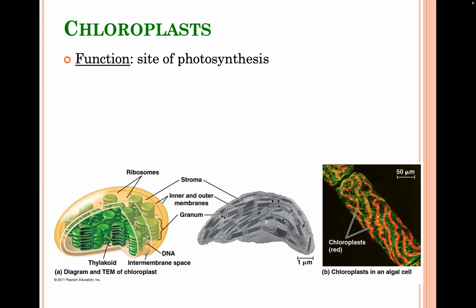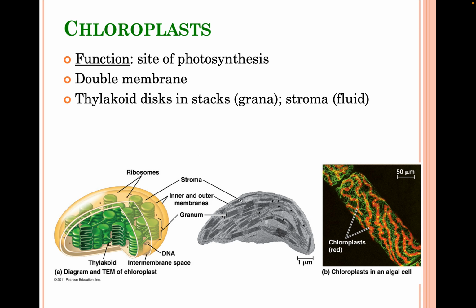All right, chloroplasts. These are the site of photosynthesis. There's a double membrane. They have thylakoid discs in stacks called grana. So one of these little peppermint patty looking discs is a thylakoid. A stack of thylakoids is called a granum.